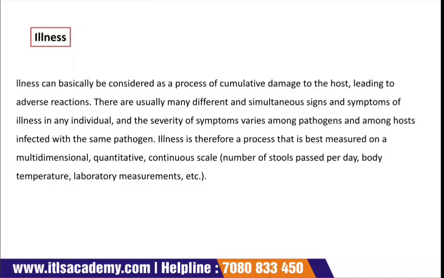Illness is therefore a process that is best measured on a multidimensional quantitative continuous scale, that is, number of stools passed per day, body temperature, laboratory measurement, etc. For example, nowadays dengue is one of the viral fevers caused by a mosquito.